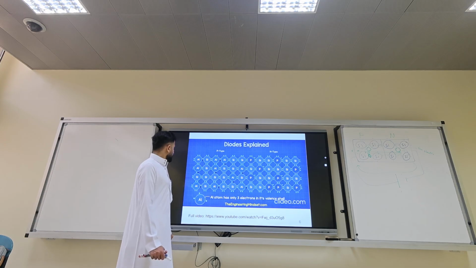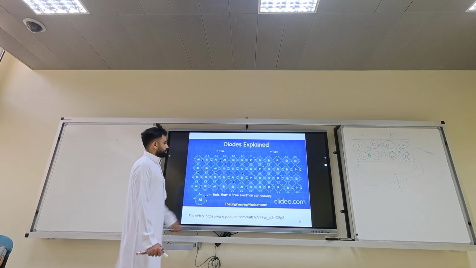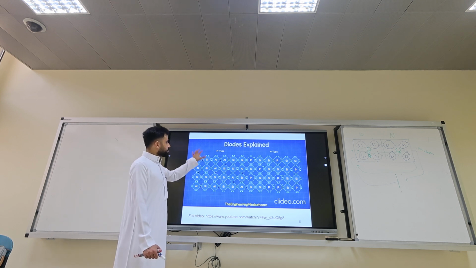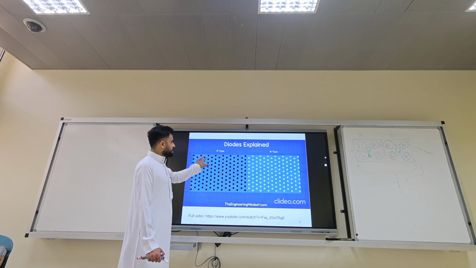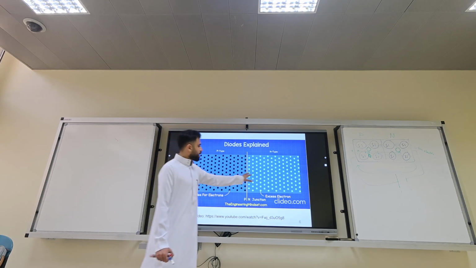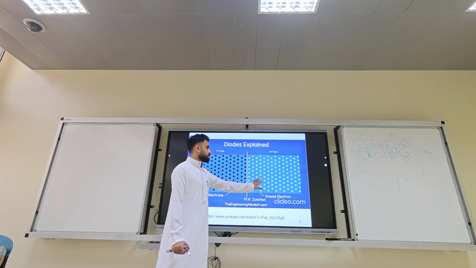The aluminum material has 3 free. So you will have 3 holes, the black dots. So this is P-type. It has more positive charges than negative charges. Here holes, here more electrons. And they stay like that.